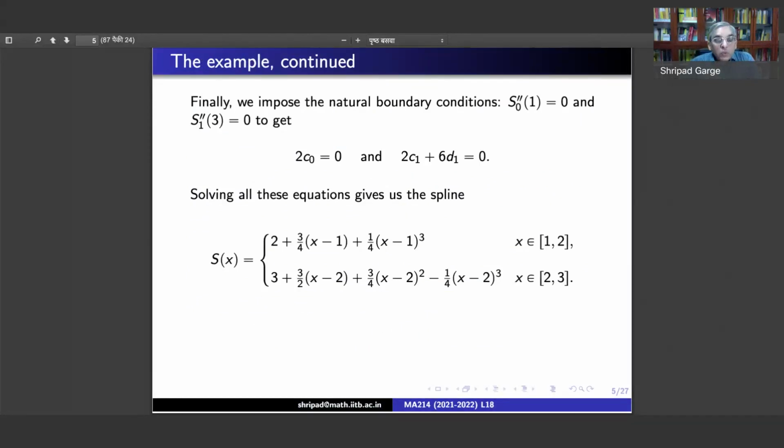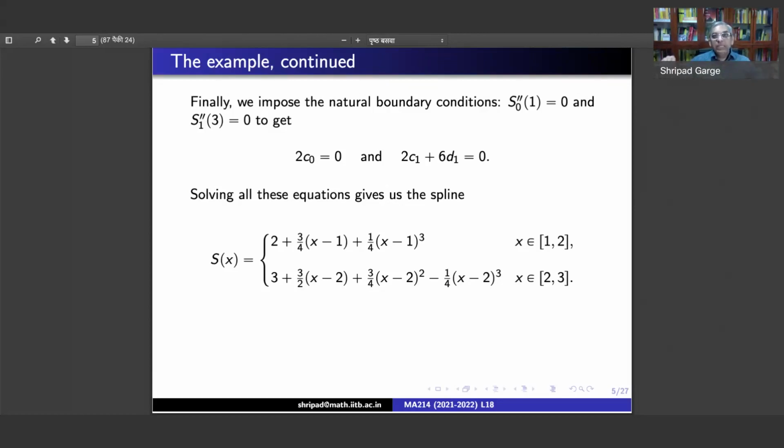So we have 2 cubics. We have the S0, which is 2 plus 3 by 4 into x minus 1 plus 1 by 4 into x minus 1 cube. Remember, C0 is 0. So we will have only A0, which is 2, B0 is 3 by 4, and D0, which is 1 by 4.